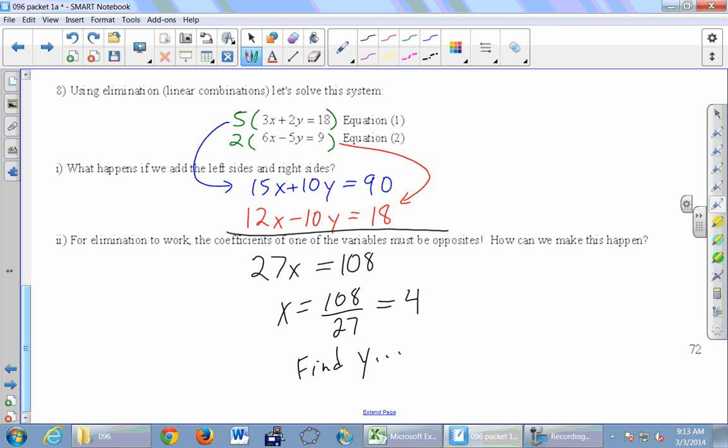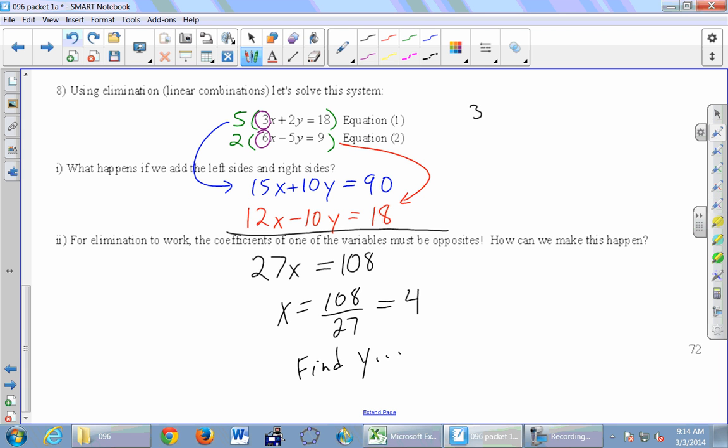So looking at the x's instead, I see a 3 and a 6. Imagine those are both denominators in two fractions. What's the LCD? The 6, right? The LCD is 6. We can make them both turn into a 6. In fact, one of them is already a 6. So that first equation you don't need to do anything with.